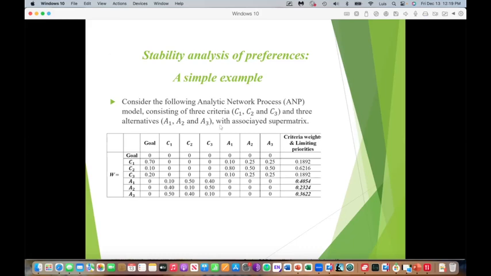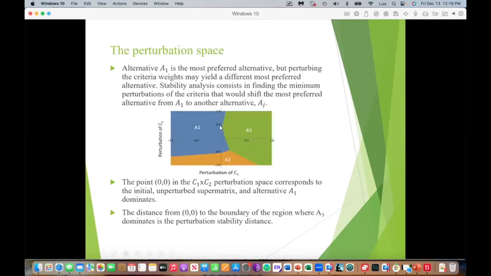As you perturb criteria one or criteria two, one alternative becomes dominant. So there is an area of the perturbation space that belongs to A1, to that one alternative. These regions don't necessarily have to connect or touch each other all the time, but in three dimensions this can happen.